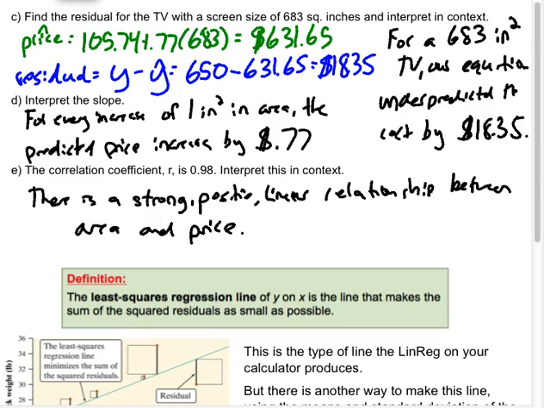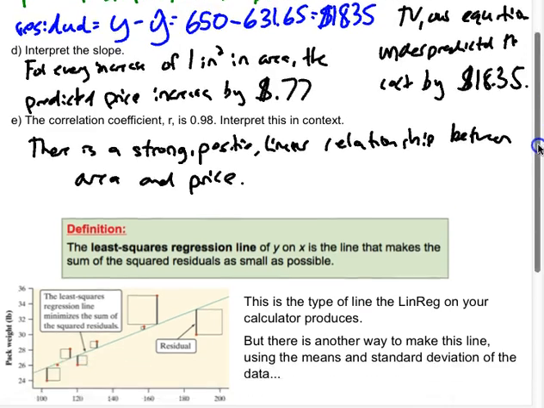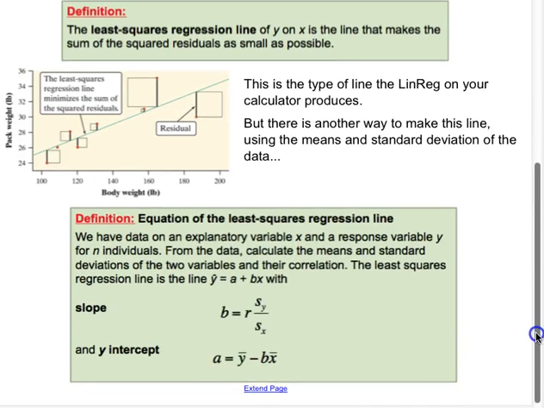All right, now there actually is another way to calculate the least squares regression line, okay? You can calculate the slope and the y-intercept based on the mean values and the standard deviation of those values.